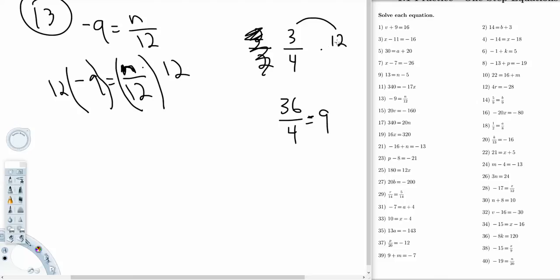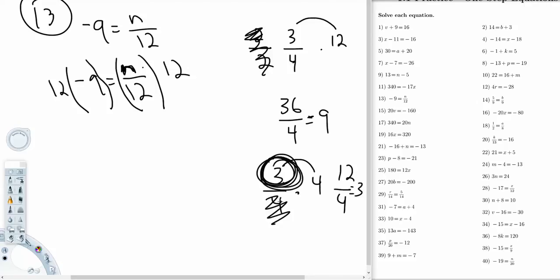Well, let's be even more succinct. If I wanted to get rid of this 4, I would do 3 over 4 times 4, right? Because what I get is this times this equals 12 over 4, and then I get 3, which is what I want, right? I want to get rid of this fraction. I just want to keep this.